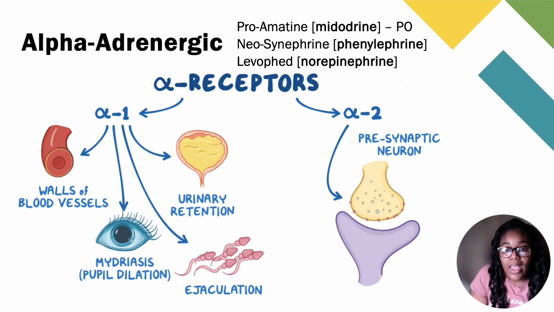Okay, so phenylephrine and norepinephrine are similar to our catecholamines, epinephrine and norepinephrine. Notice that Levophed norepinephrine has the same name as the neurotransmitter norepinephrine. But if you still had some confusion about it, just look at the end of the word. It says ephrine: phenylephrine, norepinephrine.